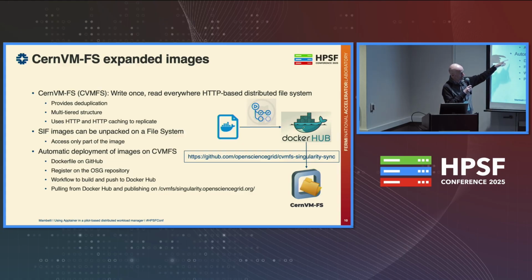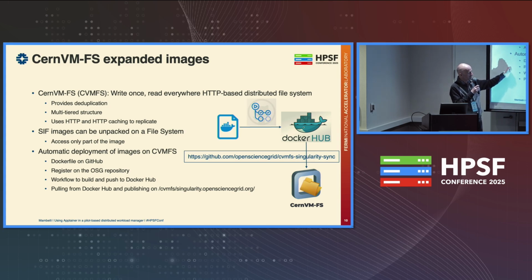And the deployment in CVMFS is actually automatic and very easy. So we have a mechanism with the help of the OSG collaboration where we start with a Dockerfile. We build a Docker image for whatever we want to distribute. And on GitHub, we already have a workflow that automatically builds it and pushes it to Docker Hub.